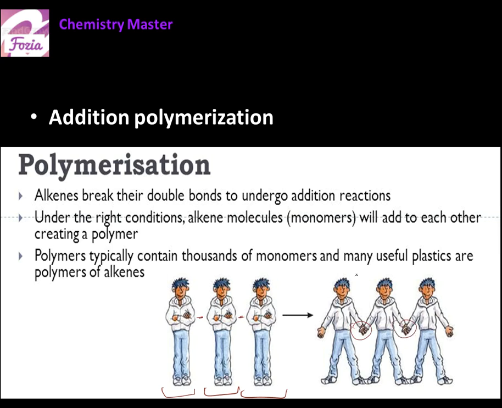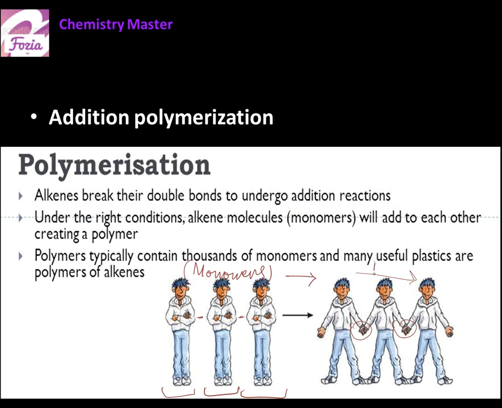When they were unattached, they were called monomers. So monomers are the small molecules which link together to form a larger compound that is called a polymer.